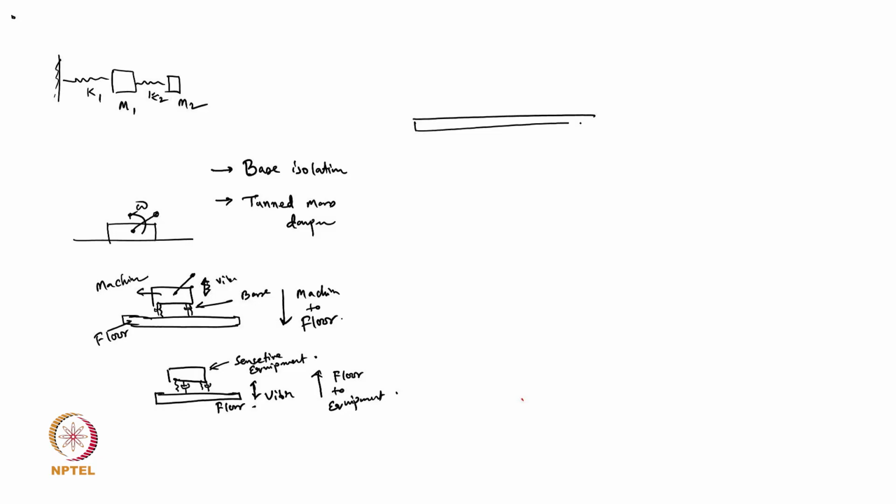So let's say you have a floor, and on that floor you have a machine which is producing vibration, and you have a sensitive equipment here. This is what happens in most cases, because once you go to some places you may need to measure.